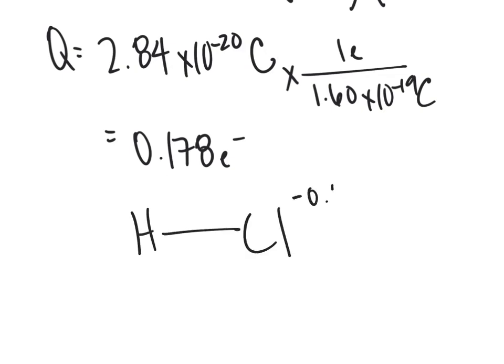We have negative 0.178 e minus and a positive 0.178 e minus. Roughly 17% of an electron charge is negative on the chlorine, and we see the equal and opposite positive charge on the other side.